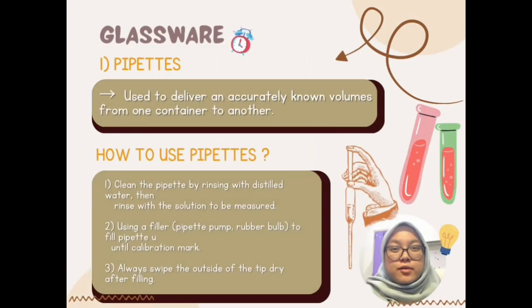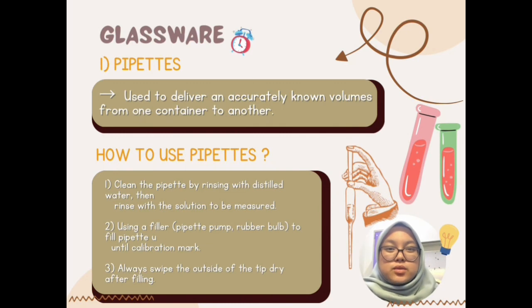In this video, I will be exploring two fundamental types of laboratory glassware, pipettes and burettes, which play a crucial role in achieving precision during chemical experiments. These tools are commonly used to measure and transfer specific volumes of liquid, especially when accuracy is essential for reliable results. Let's begin with pipettes.